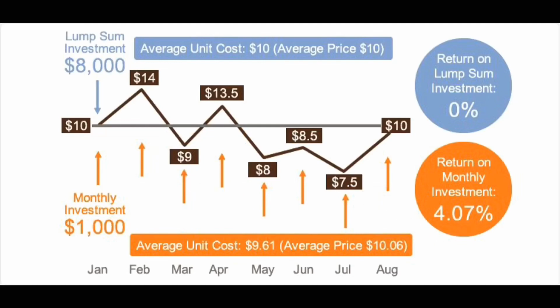Therefore, after 8 months, they would have made a percentage return of 4.07%. So in this situation, because this stock is quite volatile over a shorter period of time, cost averaging would be the better solution.